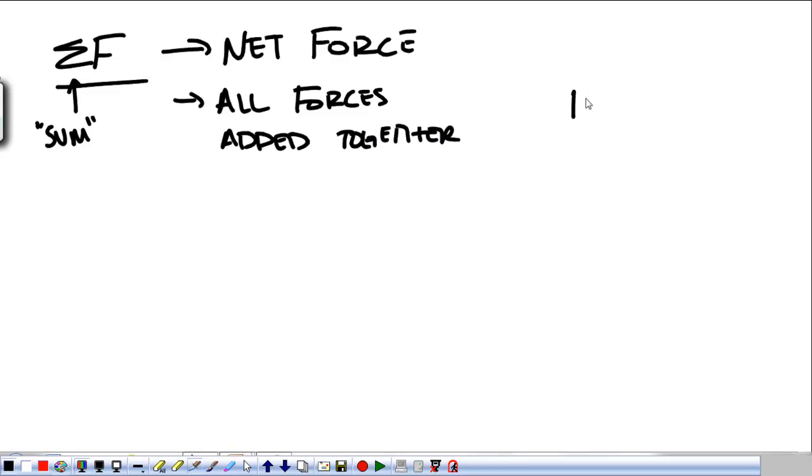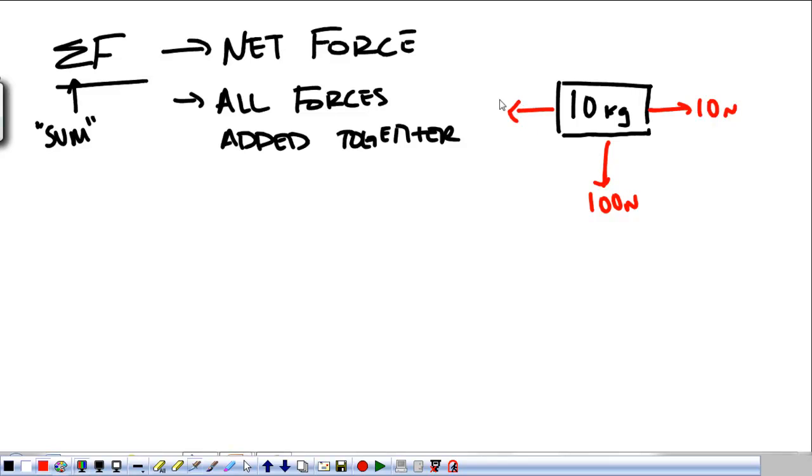So let's say I have a 10 kilogram mass and it's going to be a box. And that 10 kilogram mass has a 10 Newton force acting this way, 100 Newton force acting down, 10 Newton force acting in this direction, and 100 Newton force acting up. There are forces acting on this object, but this force is pulling exactly as hard as this force, so they cancel out.